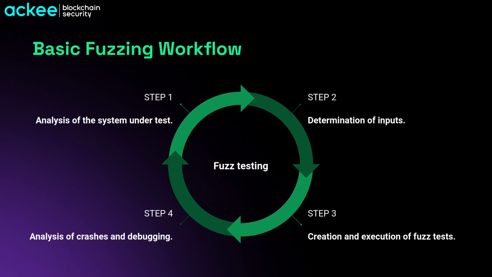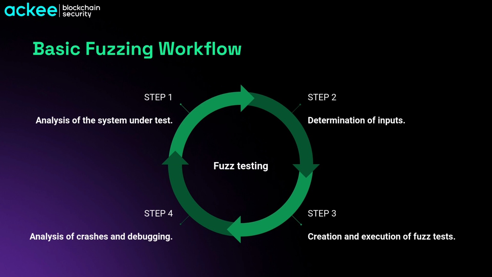That's why you have to determine the inputs, determine the correct accounts that should be submitted, but at the end try not to narrow it so much that you are no longer sure different combinations of accounts, for example, are still tested. So the second step is that you determine the inputs.